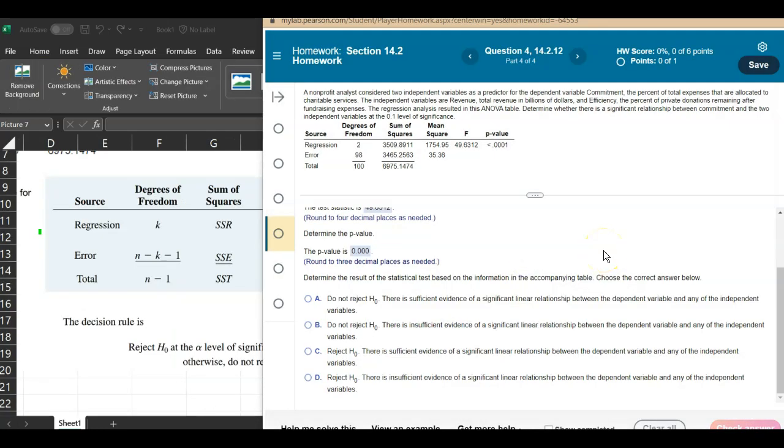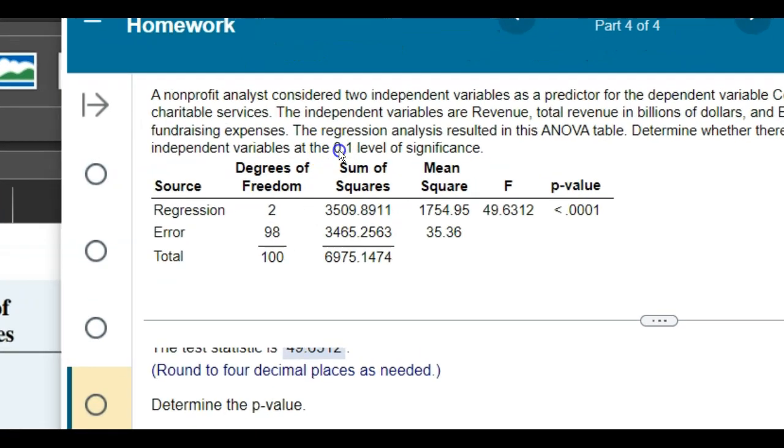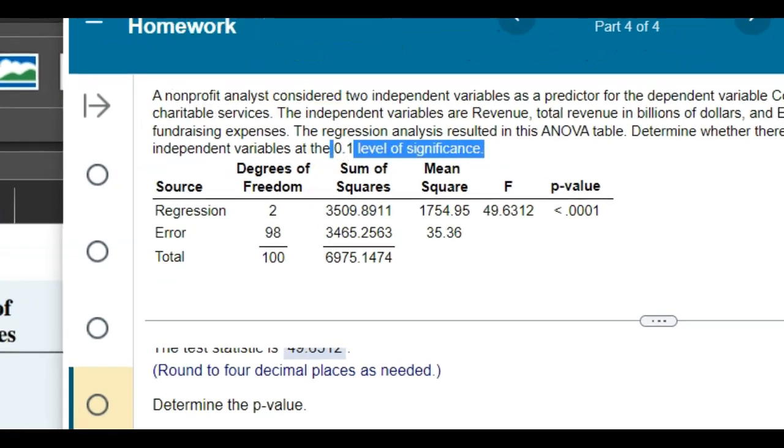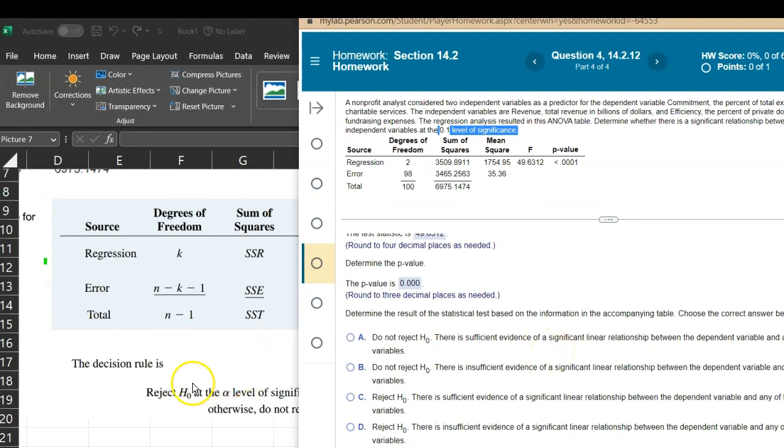In this question we want to figure out whether we can accept or reject the null hypothesis. It is easier since we got the p-value equal to 0.00. We compare it with the level of significance, which is 0.1 here; the level of significance is given to you.